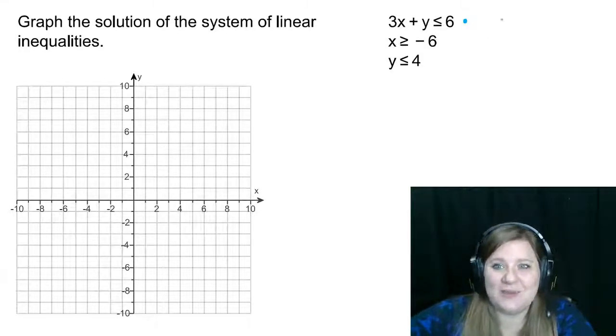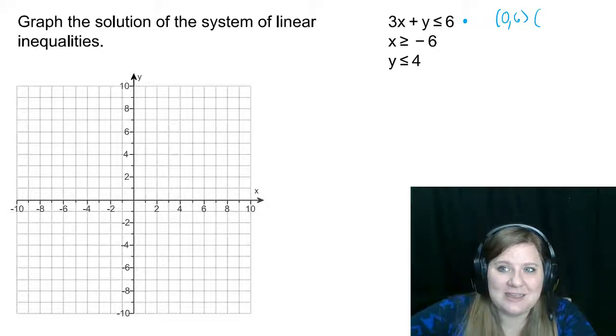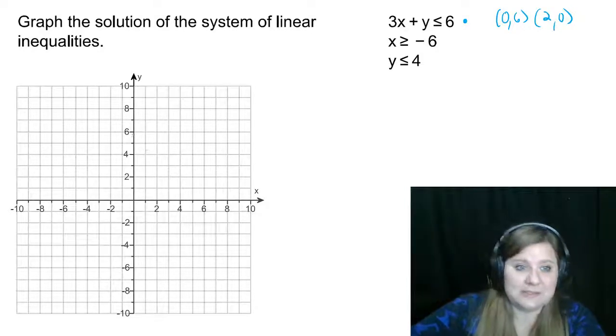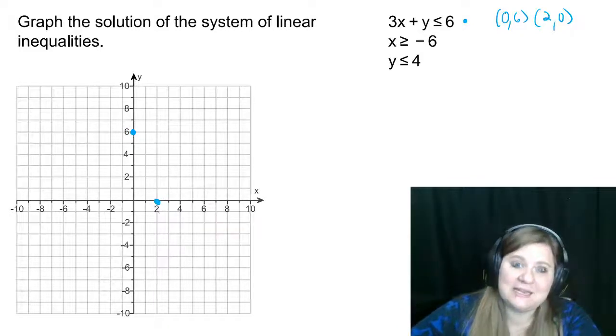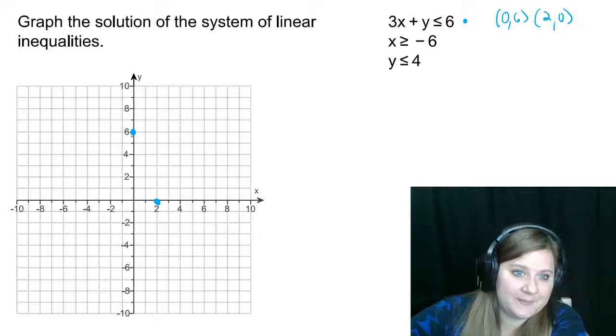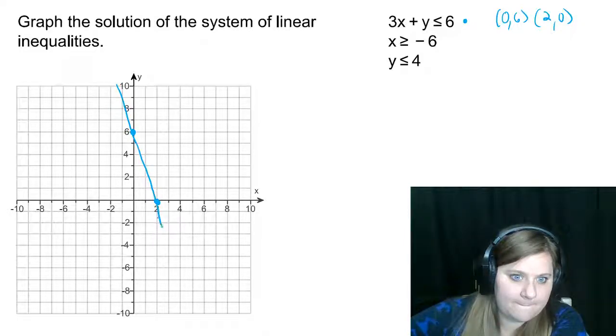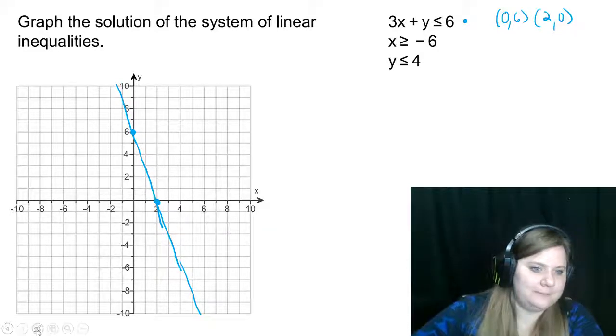So notice that when x is 0, y is 6. And when y is 0, x is 2. So I can plot the points (0, 6) and (2, 0). I'm going to connect them with a solid line. Wow.